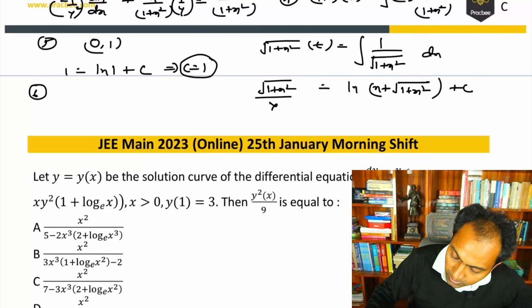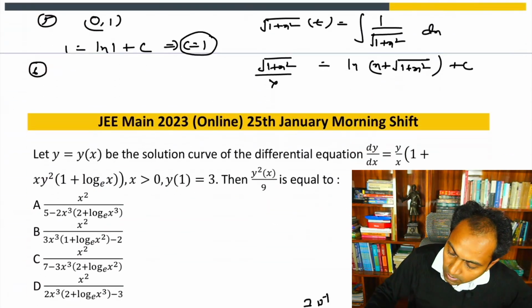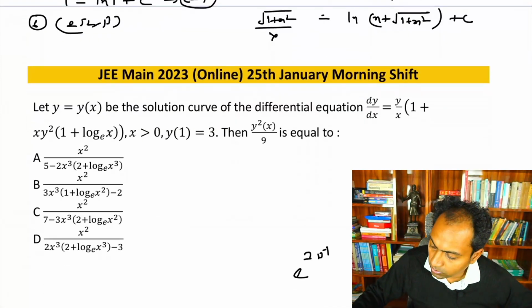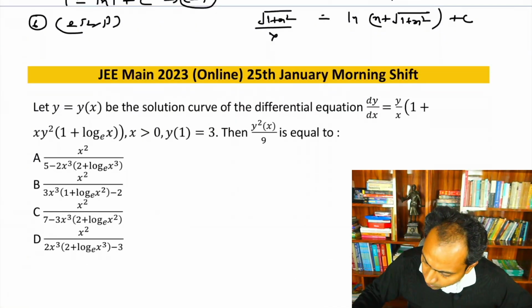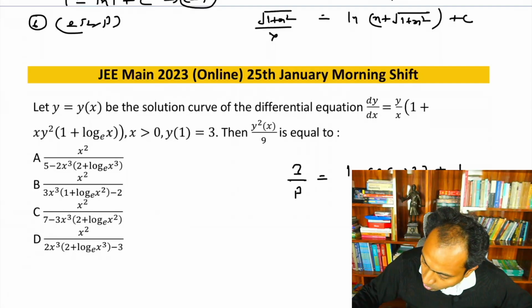In the sixth part, they want us to tell the value corresponding to 2 root 2. So 2 root 2 comma beta can be satisfied, and if I do it so, let us see what is the final answer that I am getting. If I put 2 root 2, 1 plus x square will become root of 9, that would be 3 by beta. And this will become ln of 2 root 2 plus 3 plus 1.